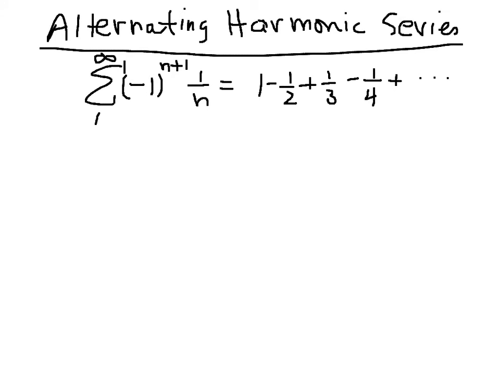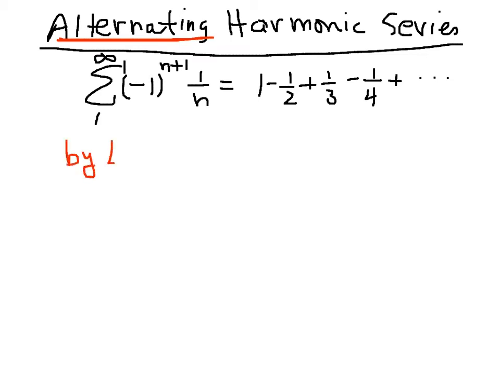Okay, so now let's talk about the alternating harmonic series, which is the same as the harmonic series, except the terms alternate in sign. And we ask the question, does this series converge or diverge? And it should be really simple.